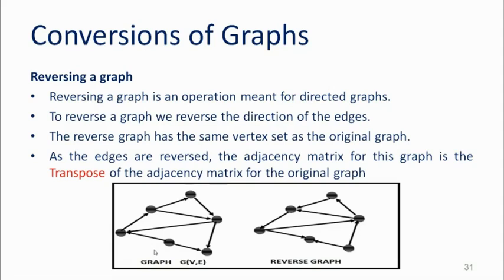So reversing a graph is an operation meant for directed graphs. To reverse a graph, we reverse the direction of each edge. The reverse graph has the same vertex set as the original graph because there is no change in the vertex set. Same vertex set will be there, but only the directions will differ.